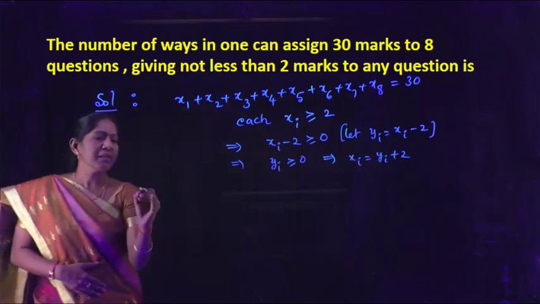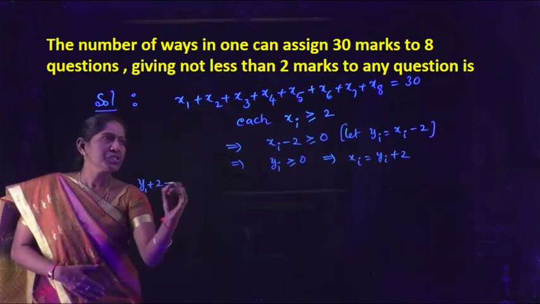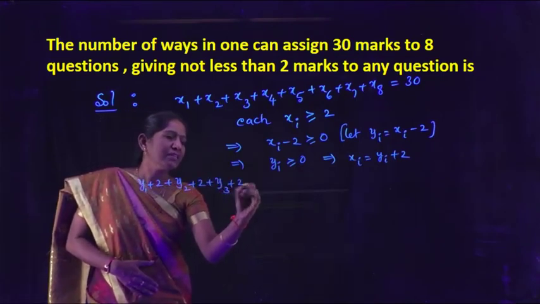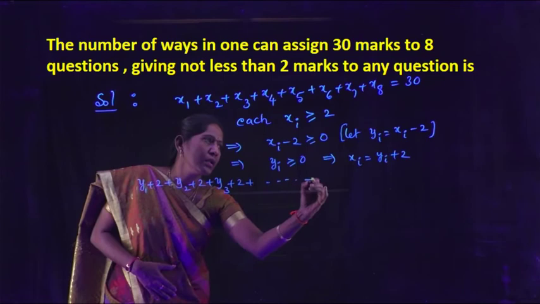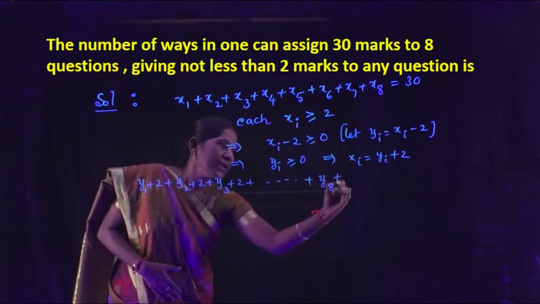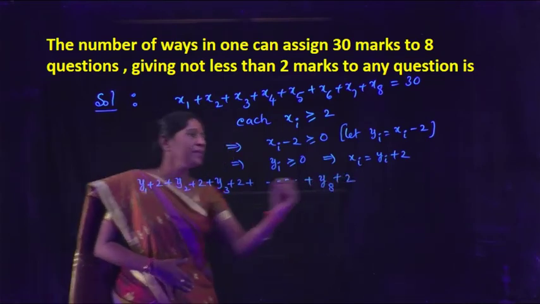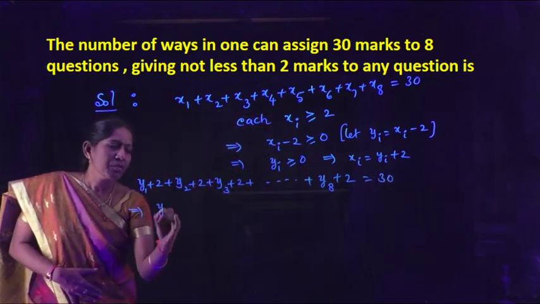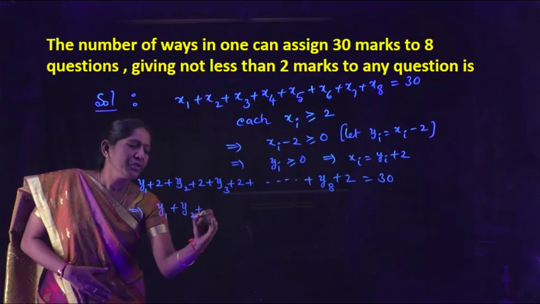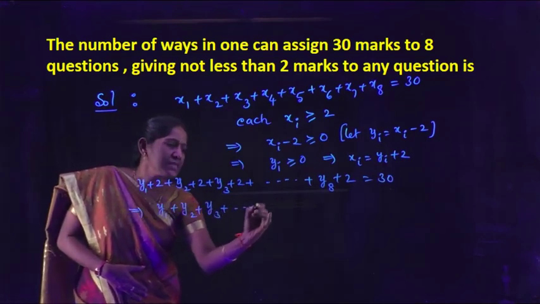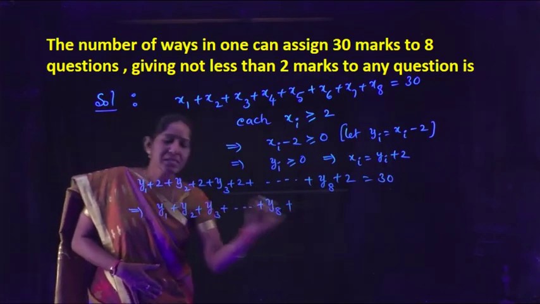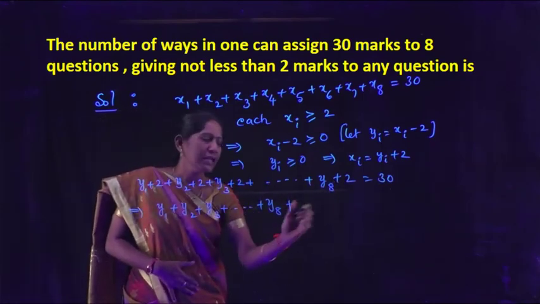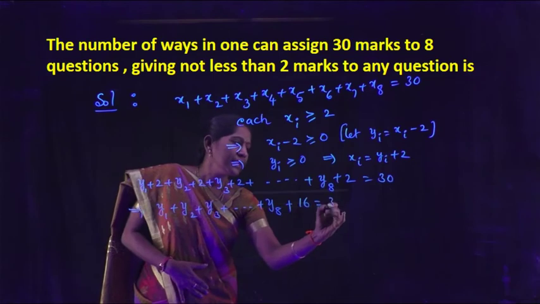Then x1 becomes y1 plus 2, x2 is y2 plus 2, x3 is y3 plus 2, and so on, x8 is y8 plus 2. Then this value equal to 30. So this implies y1 plus y2 plus y3 and so on plus y8, plus 2 plus 2 and so on, 2 is 8 times there, that value is 16, is 30.